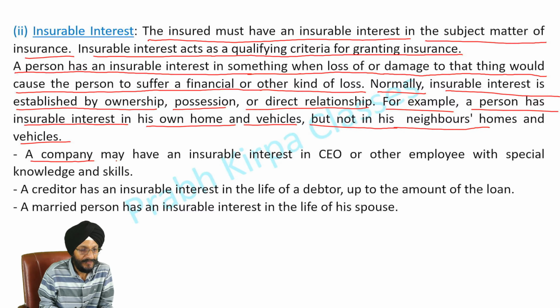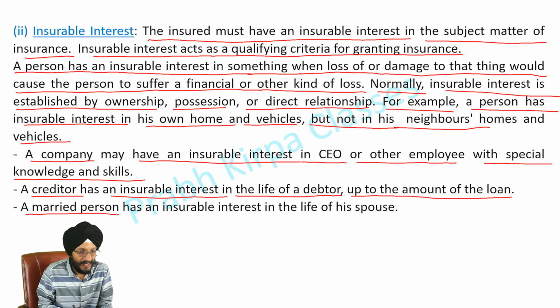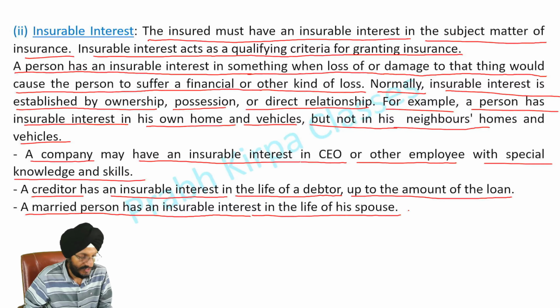A company may have an insurable interest in the chief executive officer or other employee with special knowledge and skills. A creditor has an insurable interest in the life of a debtor up to the amount of the loan. A married person has an insurable interest in the life of his spouse.